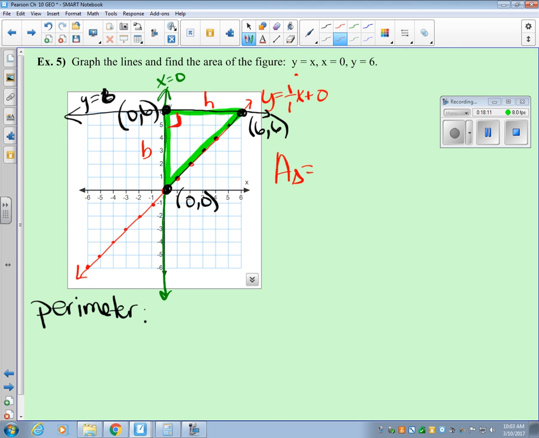So the area of this triangle is base times height divided by 2. I'm just going to count. My base is 6, and my height is also 6 on this one. 36 divided by 2. Anytime you're fussing with a graph, we call the units units. And when we're having area, we just write unit squared, u squared.